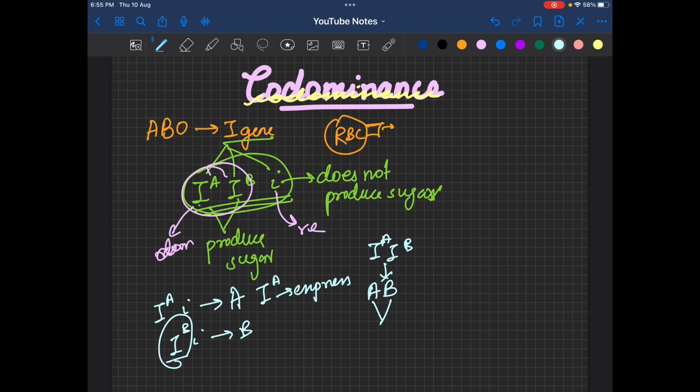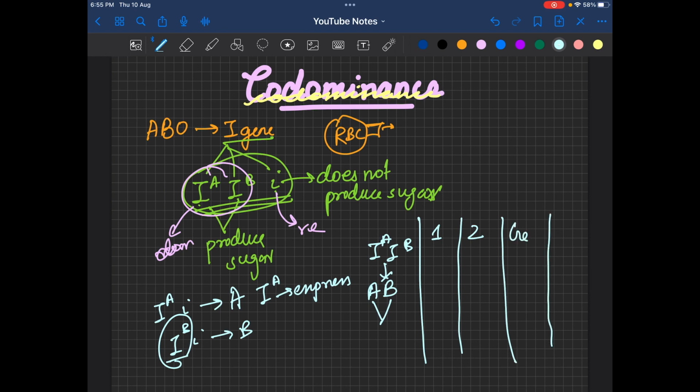So let's write what the alleles are. From parent 1 we have, and from parent 2 we have the alleles. We will write here the genotype and phenotype. So here from parent 1 we have IA, let's say, and from parent 2 IA.